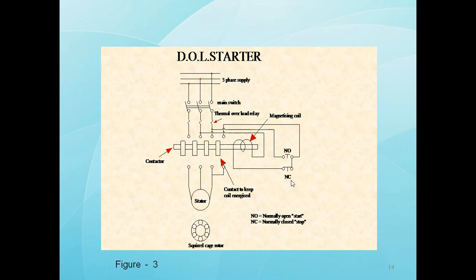It consists of a set of start and stop push buttons, that is NO and NC. And it contains a contactor. Here this is the contactor, an electromagnet with its associated contacts. These are the contacts.